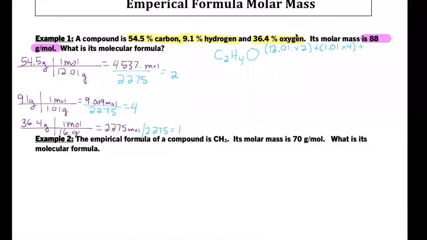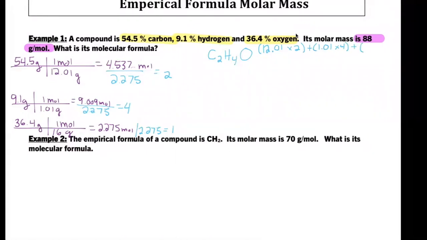And then plus the last element, add everything together times however many there are. There's only 1 oxygen. So that's 16 times 1. Multiplying and adding all of these things together, I get that the molar mass here is 44.06.